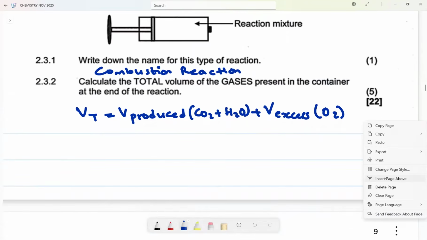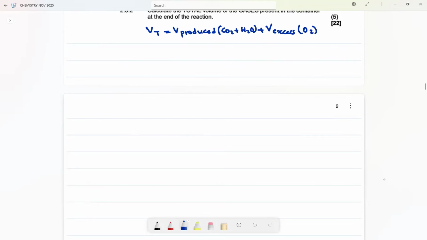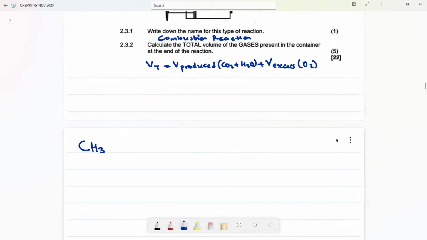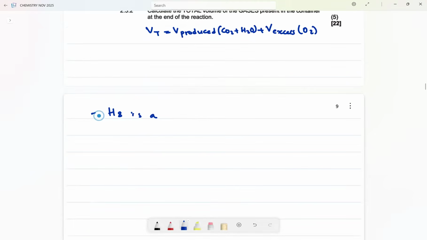What we will do, we will say we know that C3H8 is the limiting reactant.